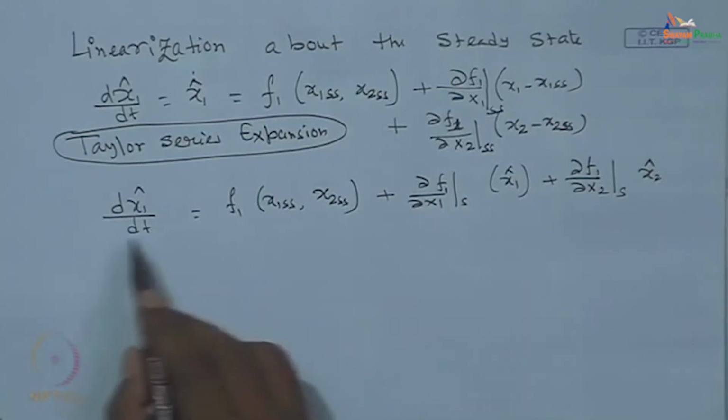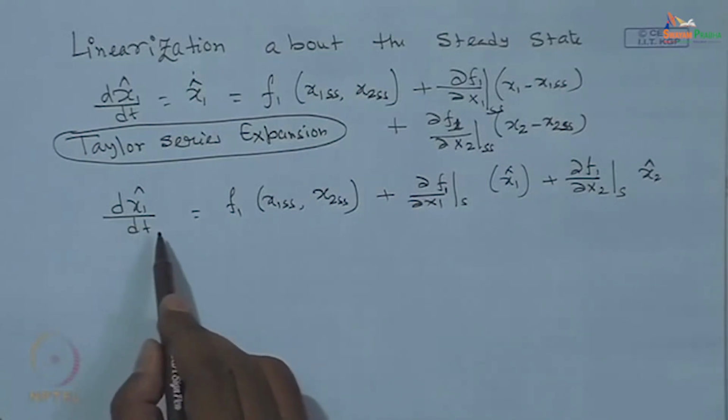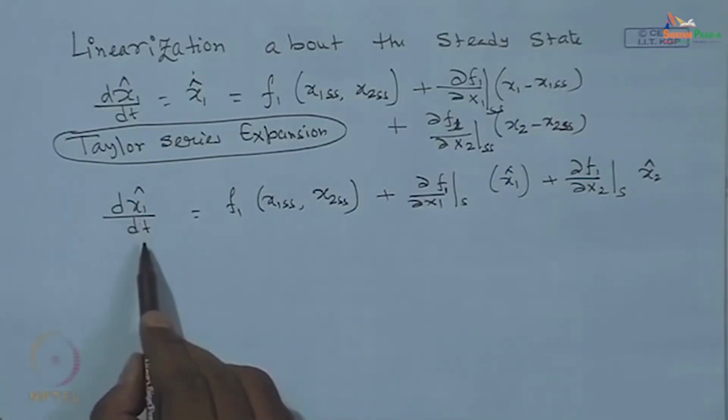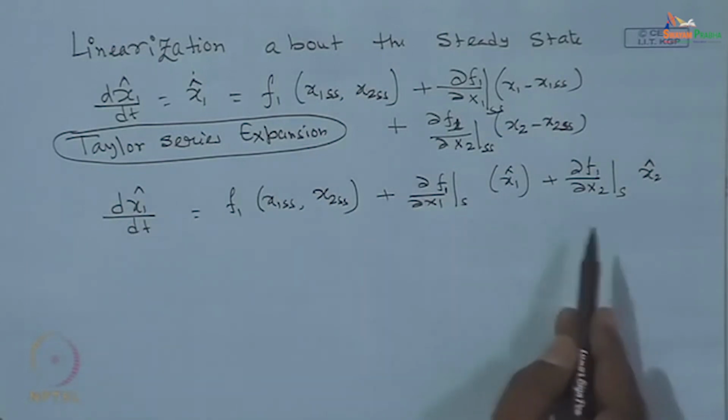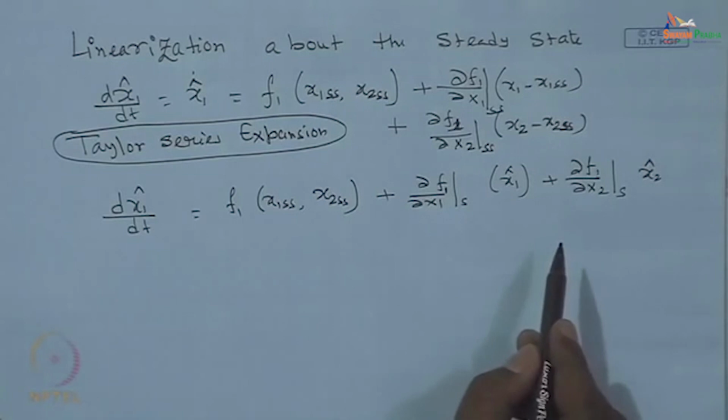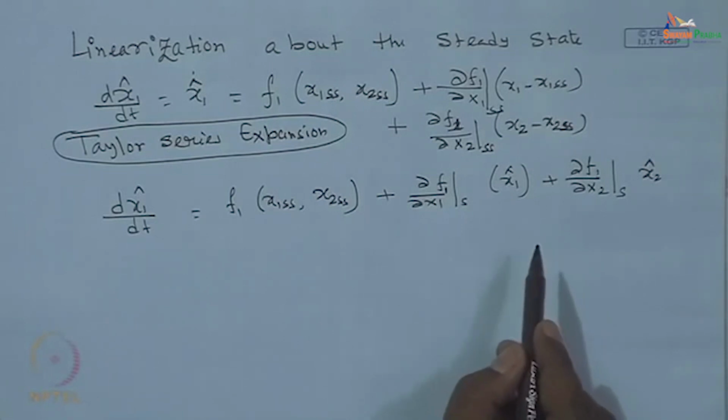So, that will be the governing equation of the deviation variable dx1 hat, the dynamics of the deviation variable by using linearization, and that linearization will be restricted up to the first term and neglecting the higher order terms of the Taylor series expansion.